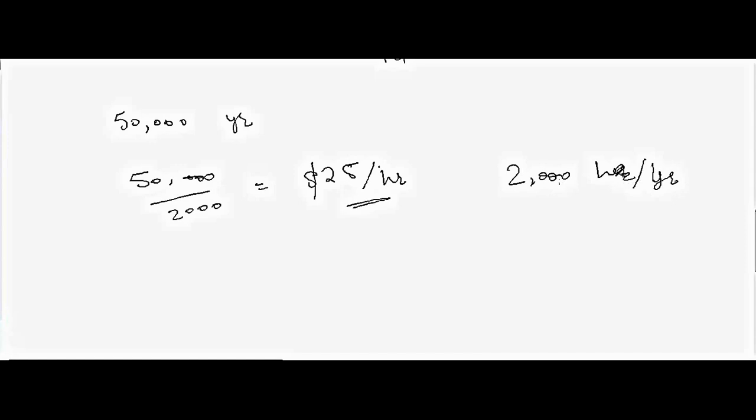So that is a quick way to approximate how much you are getting paid hourly. In the same way, if you are getting 70,000 a year, that means you are getting $35 per hour. That's another quick calculation that you can do to get some approximation.